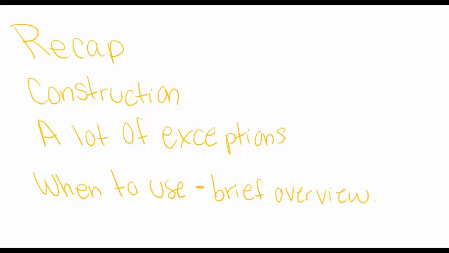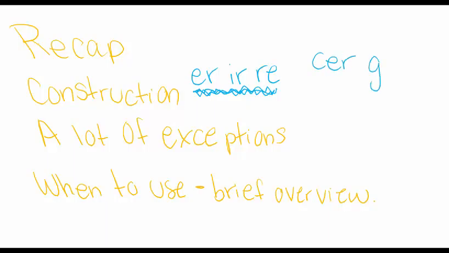Now, for construction, we went through ER, IR, and RE. Those can be used for any regular verbs. Now, the C in commencer, the G in manger, and the IE in étudier, those ones can stand for all the verbs that end like that.